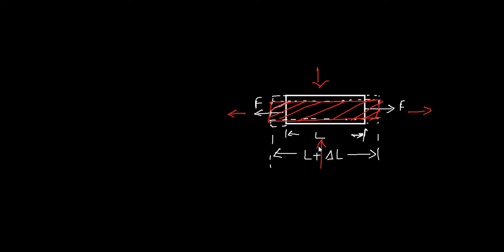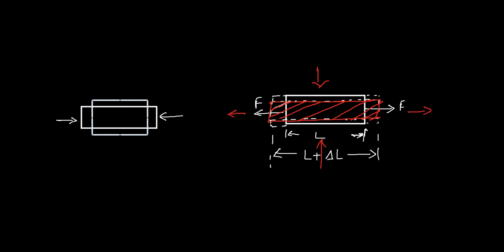Now, what if there is an axial contraction or an axial compression? Let's see what happens if it's a compressive force. Say, for example, you have a force acting like this. Applying the same concept, you can see the body will change like this.